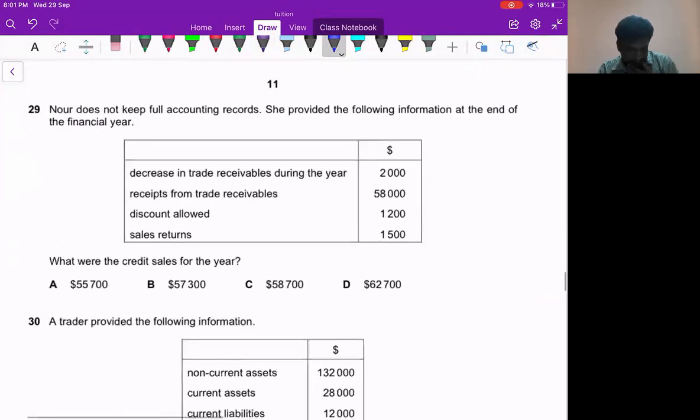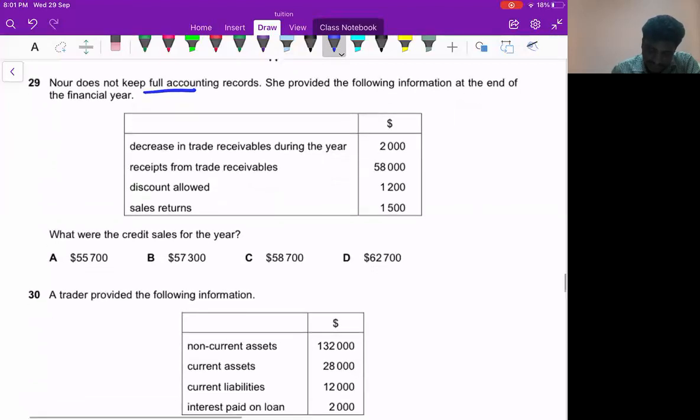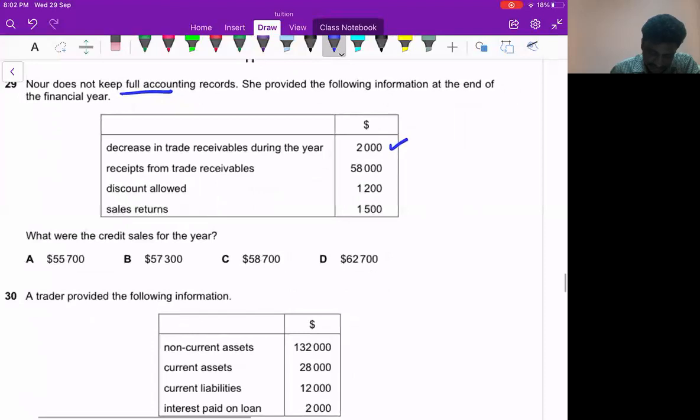Okay, 29. This person does not keep full accounting records. She provides the following information. What is the credit sales? Decrease in trade receivable during the year. So they take the opening balance minus the closing balance. And then receipt.